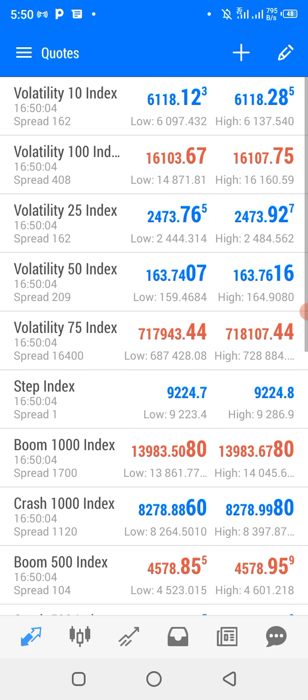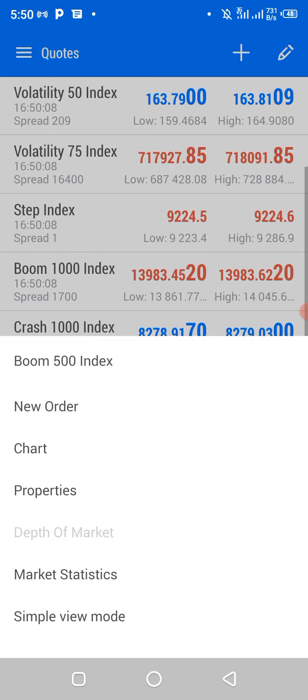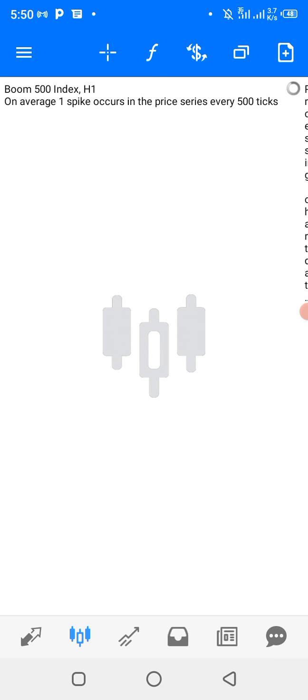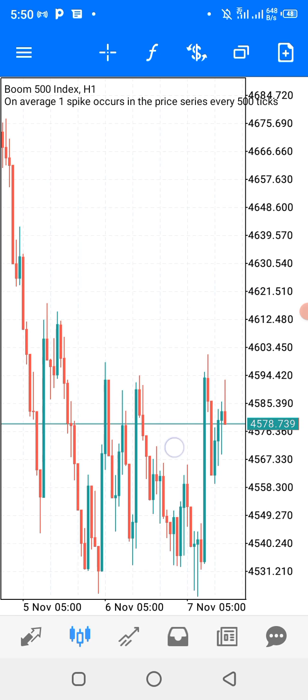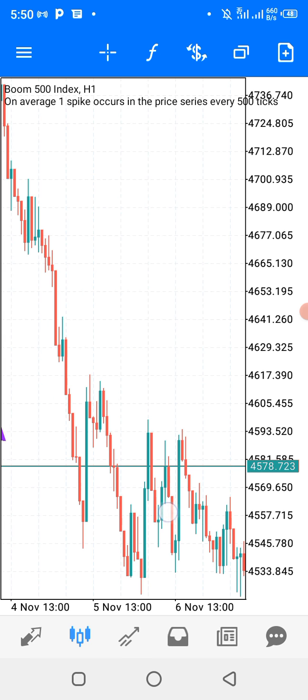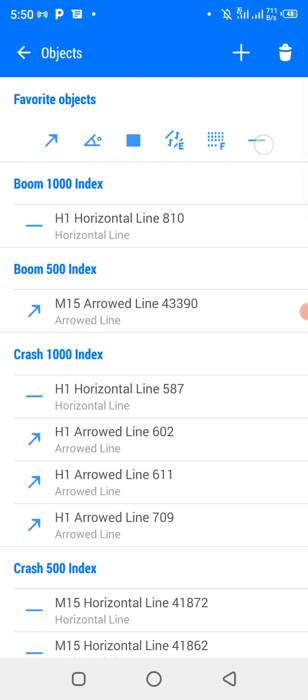Okay, let's try Crash 1000 and Boom 500. The same thing. Whatever I say in Boom 1000 works for Boom 500, and whatever I say in Crash 1000 works for Crash 500. So you see, this market reacts to this level.